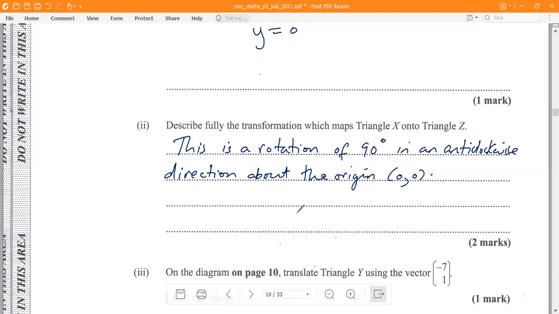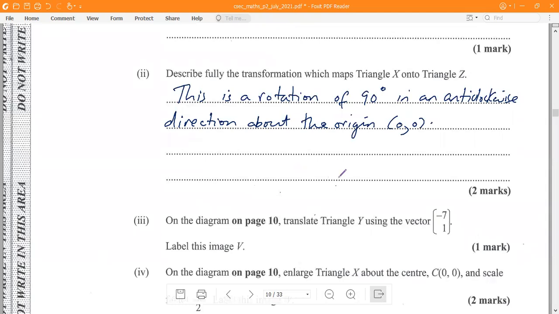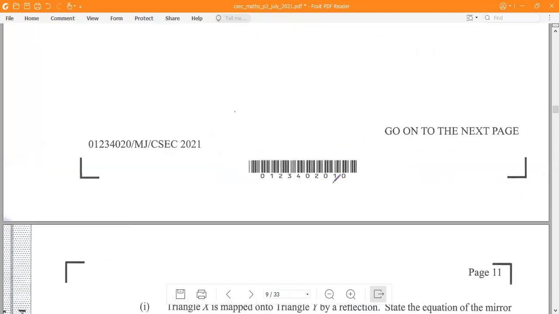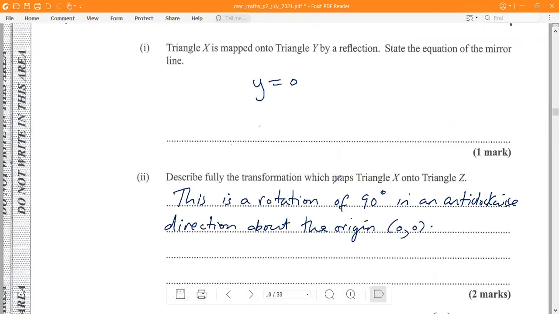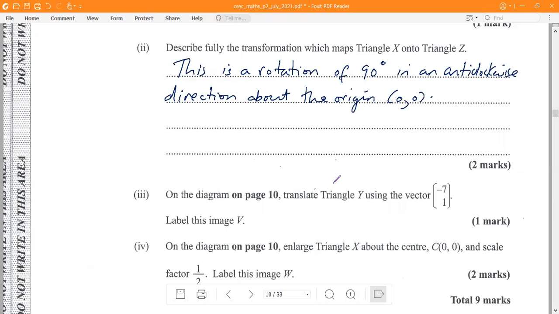All right, on the diagram on page 10, translate triangle Y using the vector -7, 1. So we are moving triangle Y. Translate means to move from one place to another.